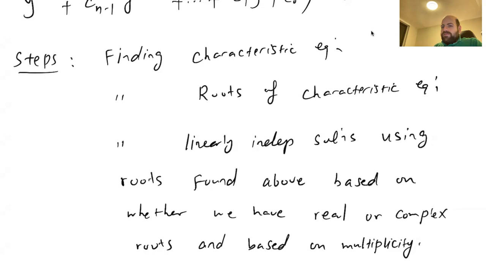And similarly, if you have complex roots, let's say alpha plus minus i beta, then we can consider e to power alpha x sine beta x and e to power alpha x cos beta x as linearly independent solutions.